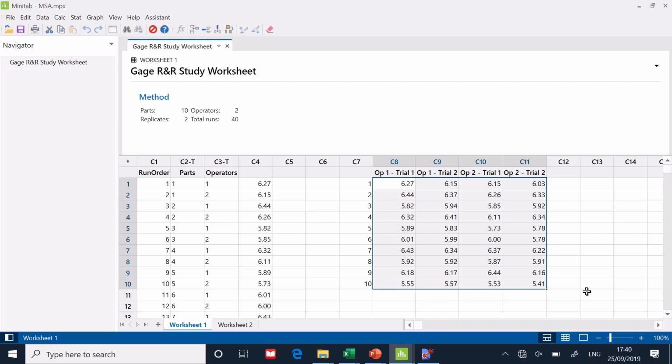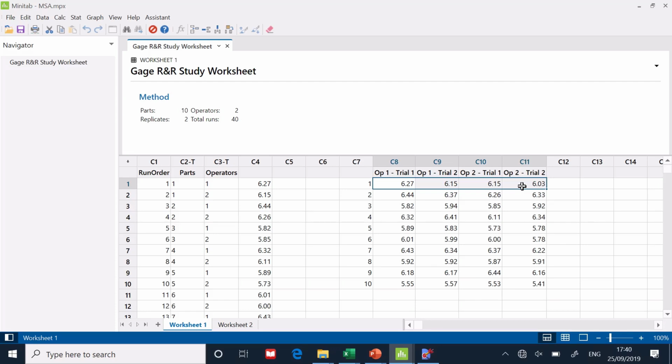Now, the reason why I want it in table form, common sense says it's easy for me to look across the row and just use my common sense. Am I getting the same result or not? And if you look at this particular pattern here, I'm clearly not getting the same result. So even before I press the button on the calculation, I'm getting a sense of how good or bad my measurement system is.